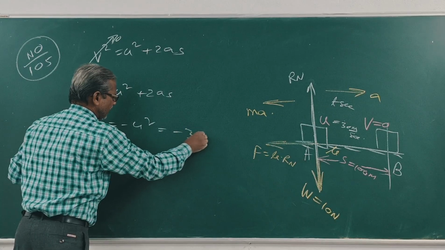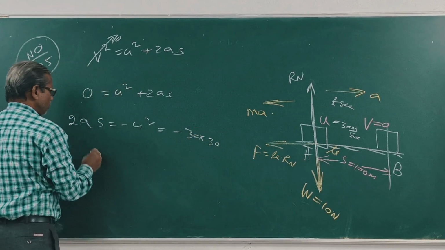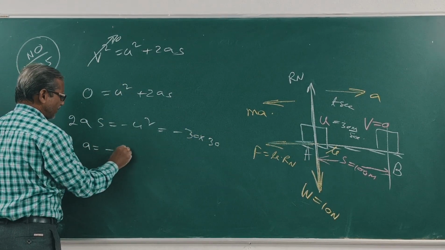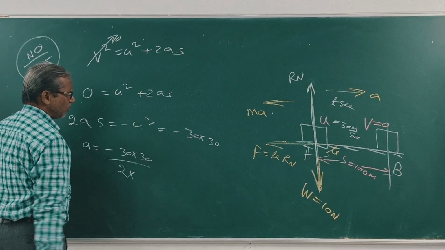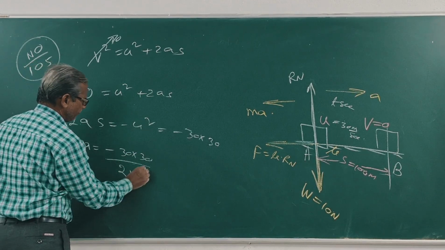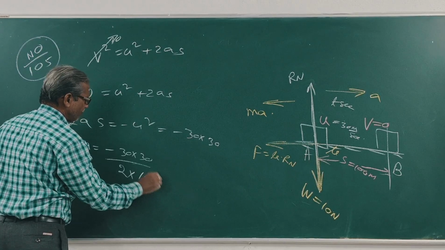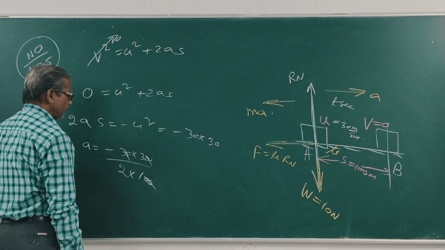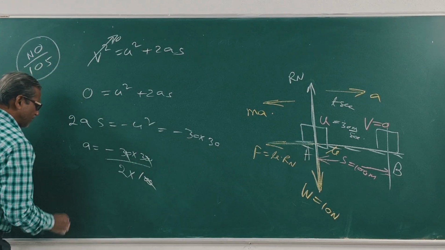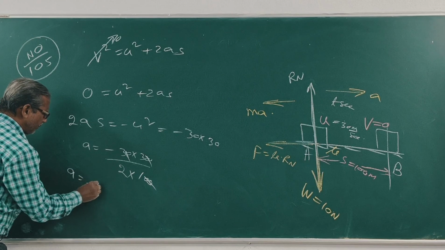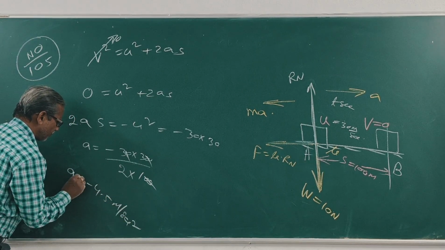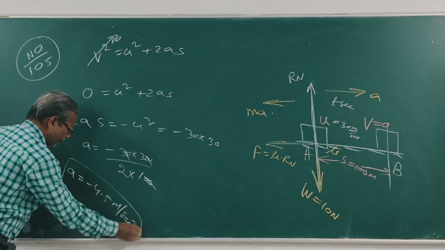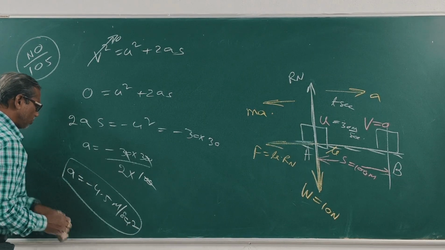What is A equal to? Minus 30 into 30 by 2 into S. What is S equal to? 100. 9 by 2, minus 4.5. A is equal to minus 4.5 meter per second square.